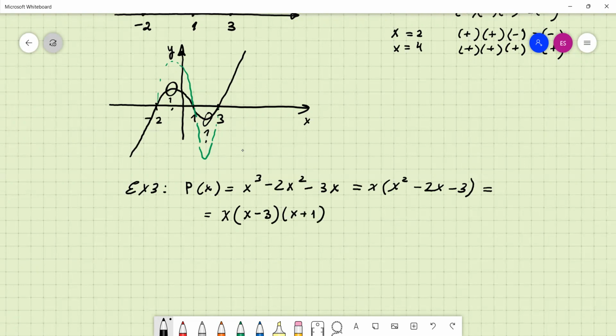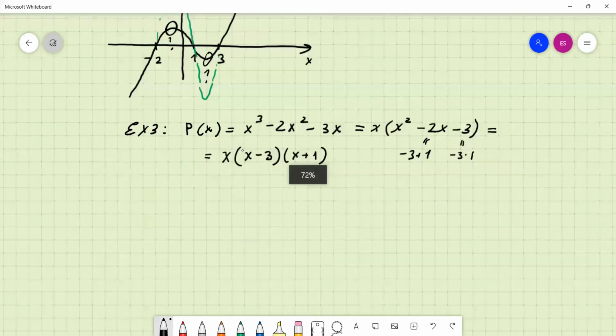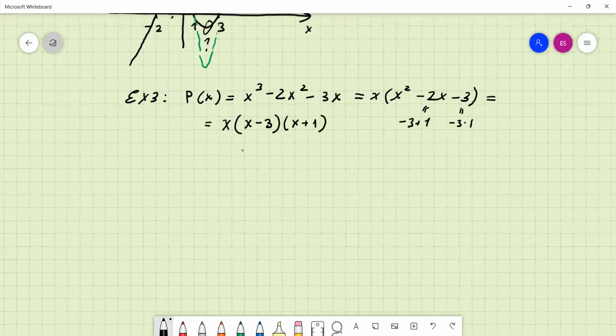What do you think? Minus 3 times 1 is negative 3. And minus 3 plus 1 is actually minus 2, right? So it works well. I mean, guessing here is working well. Now I'm going to find my intervals where my polynomial is positive or negative.